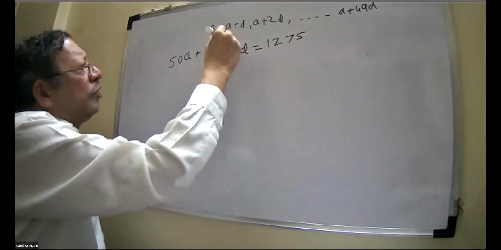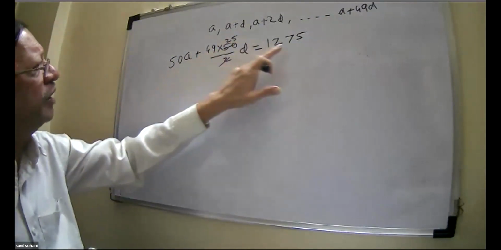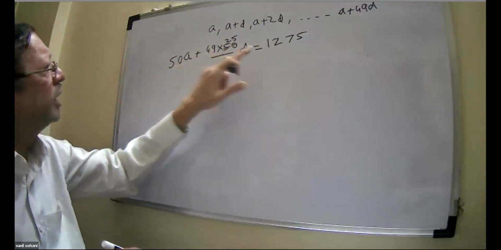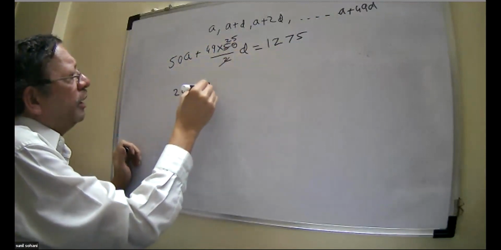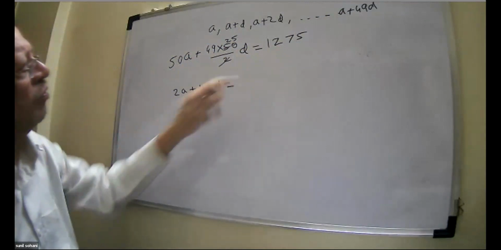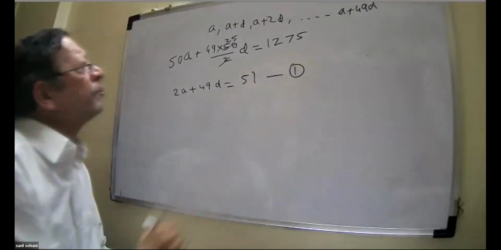So all the numbers are divisible by 25. We divide by 25 and you get 2A plus 49D equal to 1275 divided by 25, which is 51. Correct. So this is expression number 1.